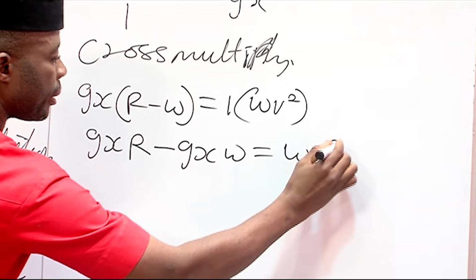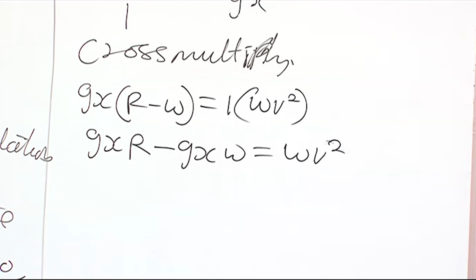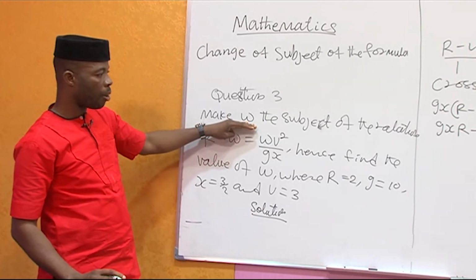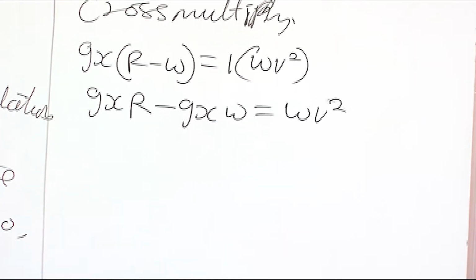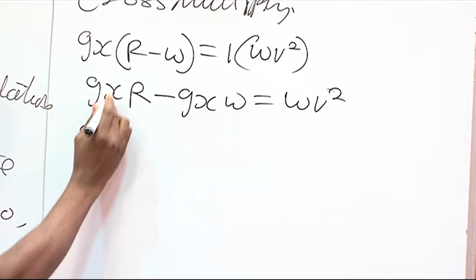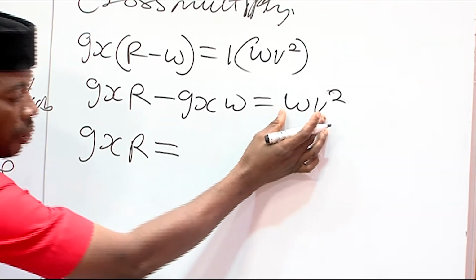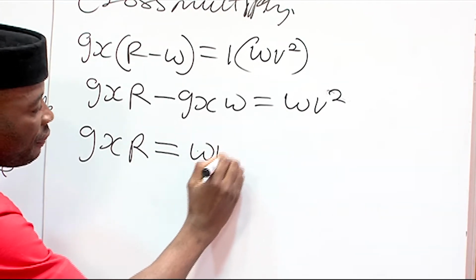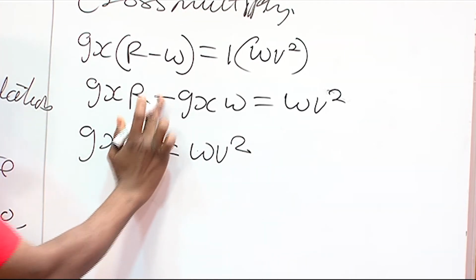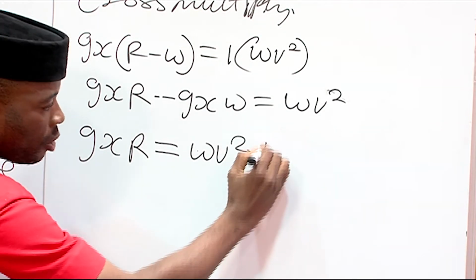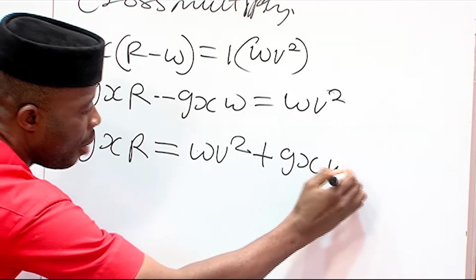We are asked to make W the subject of this formula. We have GSR equals to WV square minus, cross the sign of equation becomes plus GSW.